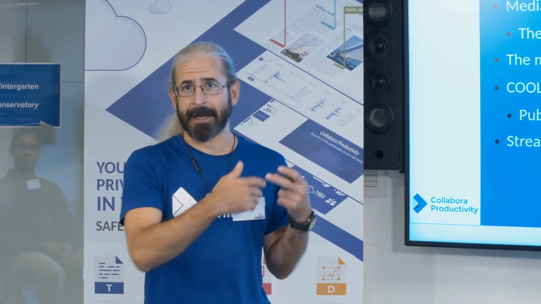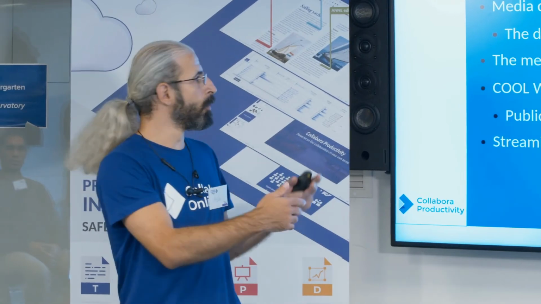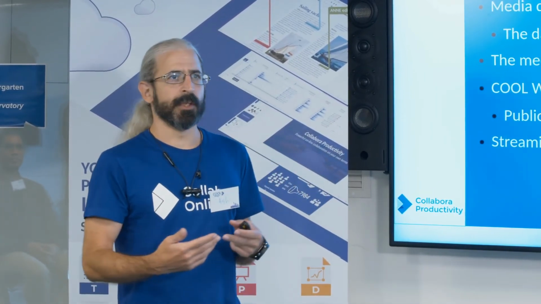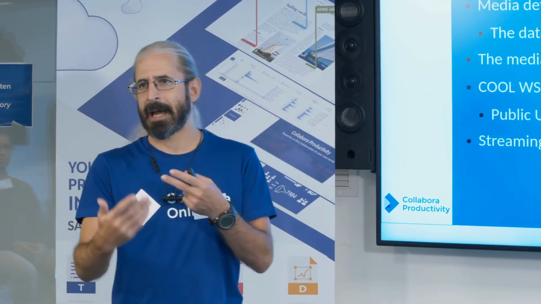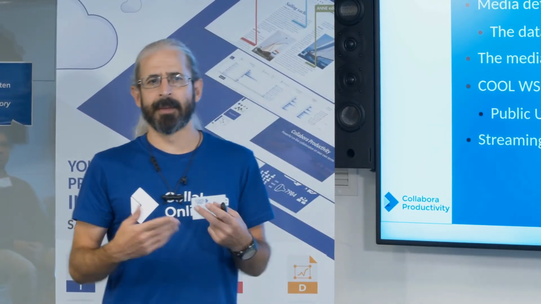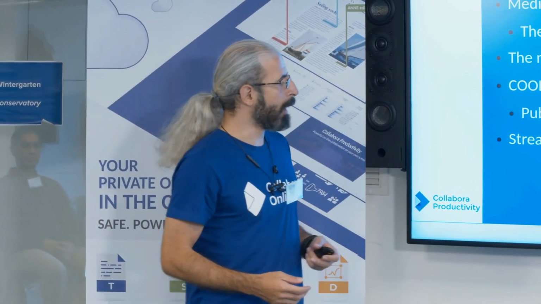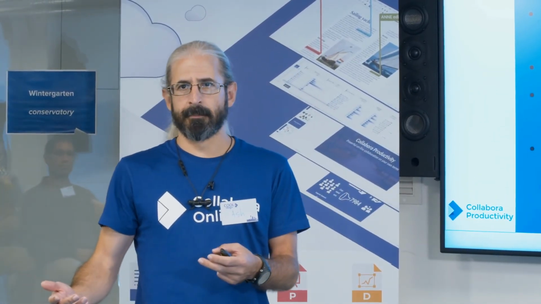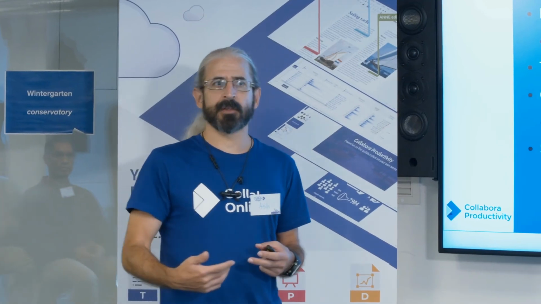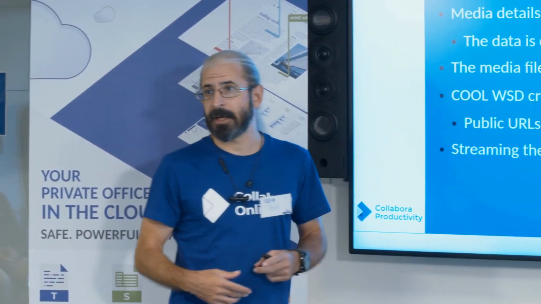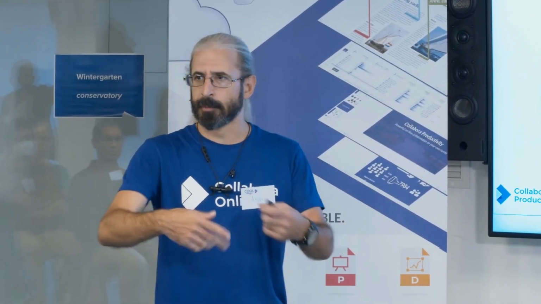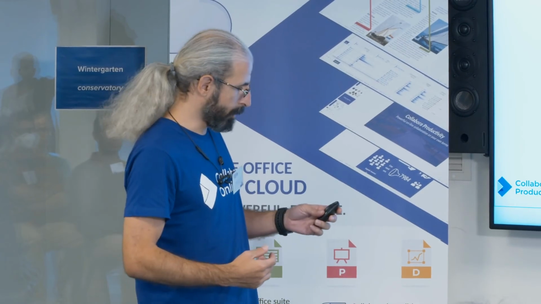The browser should be able to directly access the media stream through a URL that is a URL on the same server, but we need to reference the document in question, and we need to have all sorts of security tokens to make it both unique and obviously hard to spoof or recreate. Finally, we need to support serving this media file. So the server has to act as an endpoint via said public URL, so that whenever the browser requests streaming the data, we would be able to provide that as necessary on the fly.